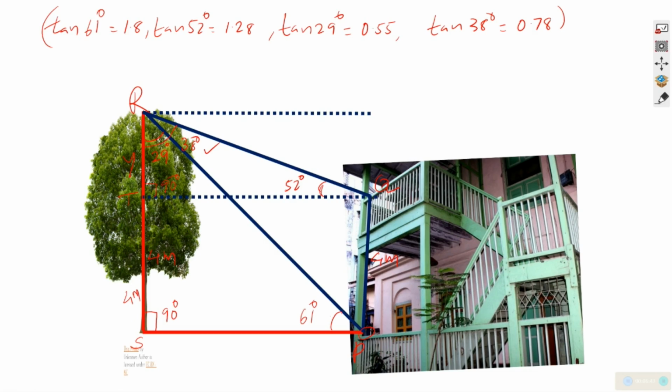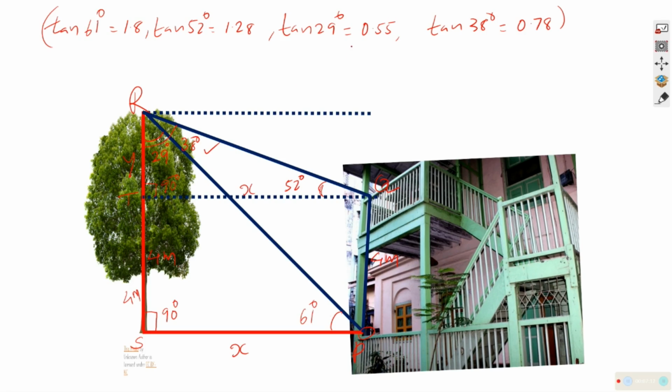Now what is required is only simple common sense. This distance is not given, so it can be named as x. We don't know how much it is, it may come in use. And we can see that there are two right angled triangles in front of us: one is triangle RSP, another is RTQ, where we will be comparing.